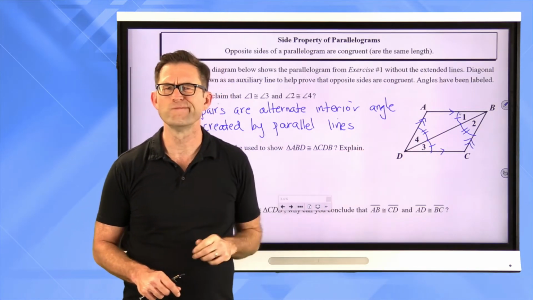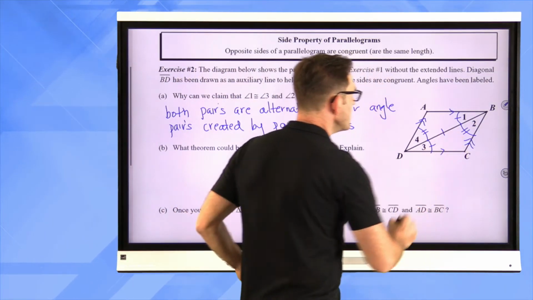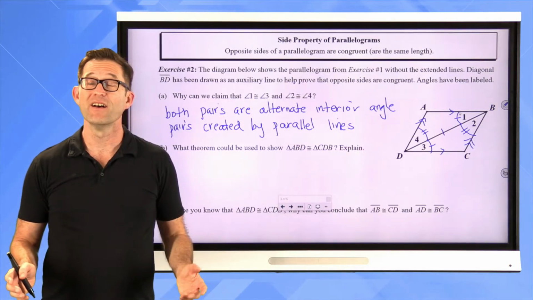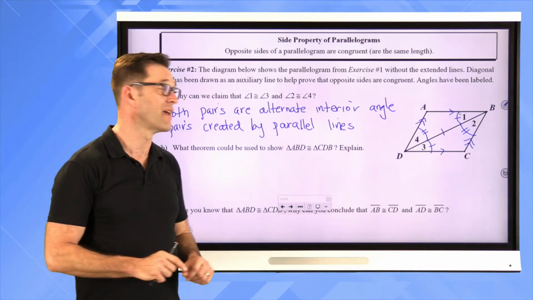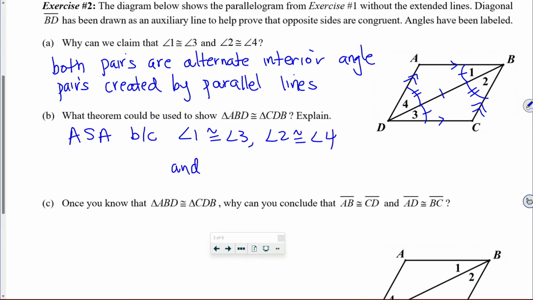Oh, and BD is congruent to itself by the reflexive property, right? So I could use angle, side, angle. Angle, side, angle, and that's because angle 1 is congruent to angle 3, angle 2 is congruent to angle 4, and BD is congruent to itself.